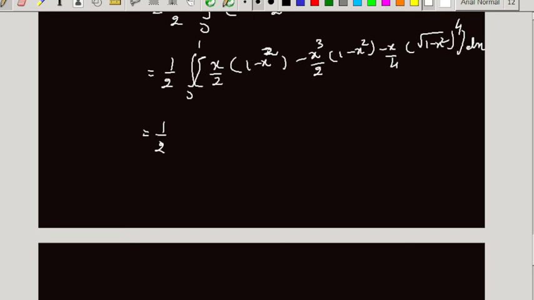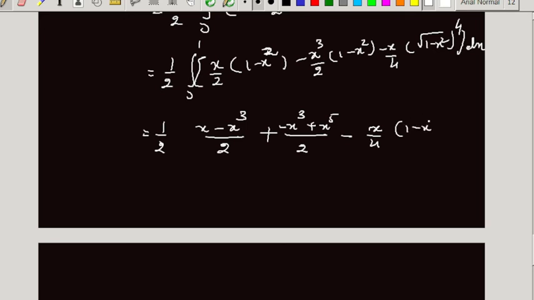So first we multiply: x minus x power 3 divided by 2, minus, if we multiply, we get x power 3, minus into minus is plus x power 5 divided by 2, minus, for this symbol minus, here we get x by 4 into 1 minus x square the whole square.